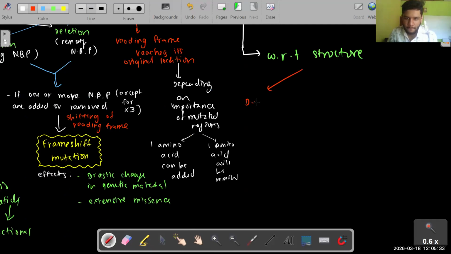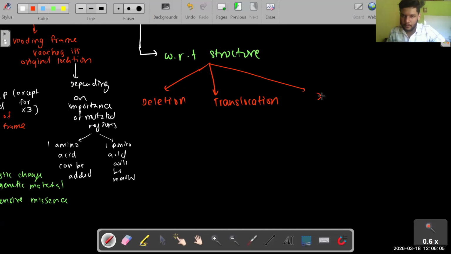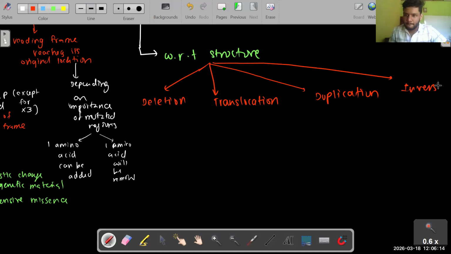One is deletion, right? Other one is translocation. Duplication. And last one, inversion.